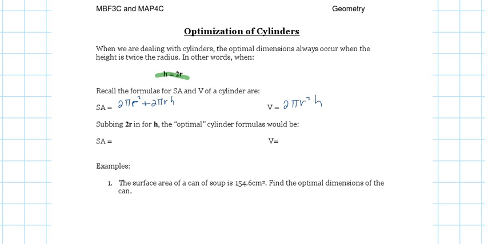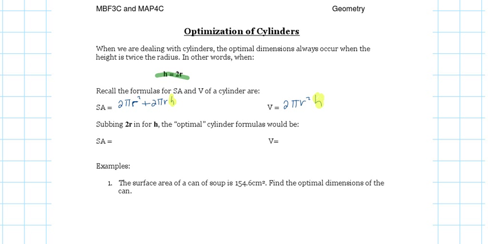Now, if I'm optimizing, instead of h, what can I replace h with? What's your optimal height? 2r. So basically what I can do is take the h right here and right here, and replace it with 2r.